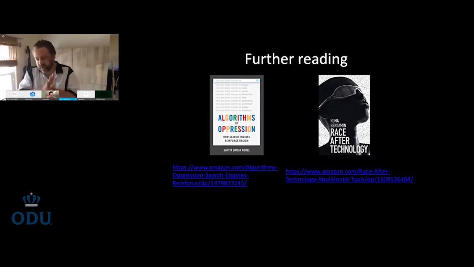One really interesting thing, well, Noble starts out with this discussion of autocomplete and image search, where she talks about what happens if you look up, well, actually, the story she starts out with, I should just follow her lead and tell the story she wanted to start with.